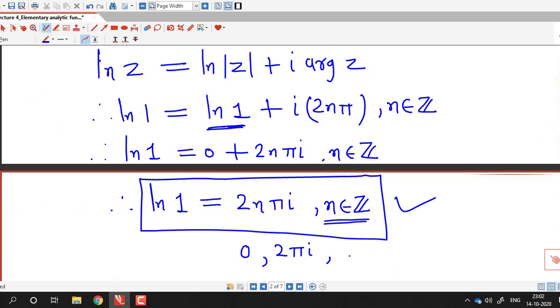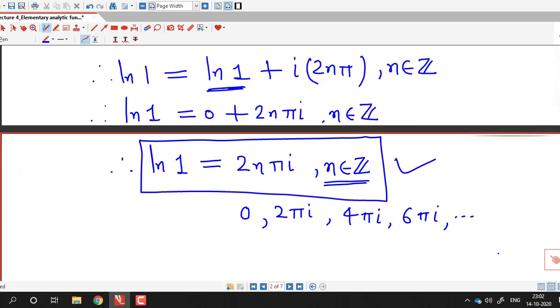For n equal to 2, it is 4 pi i. For n equal to 3 it is 6 pi i, and so on. Similarly, if we take negative 1, we will have minus 2 pi i, then minus 4 pi i, minus 6 pi i, and so on. So there are an infinite number of values for the same complex number 1.